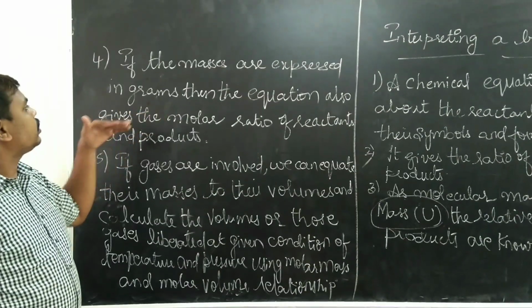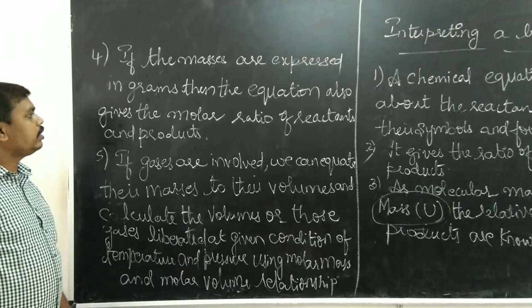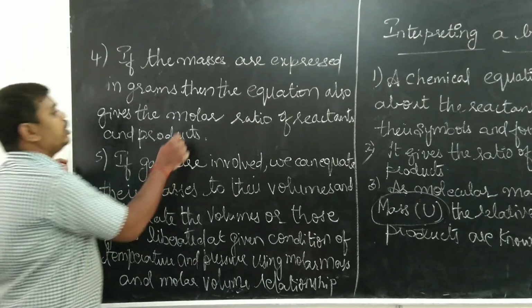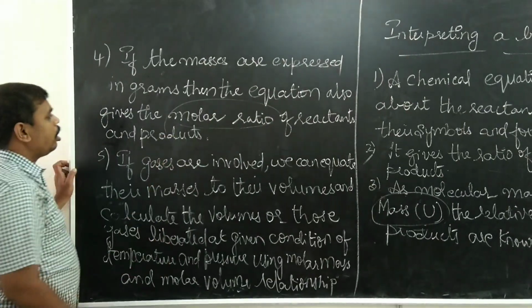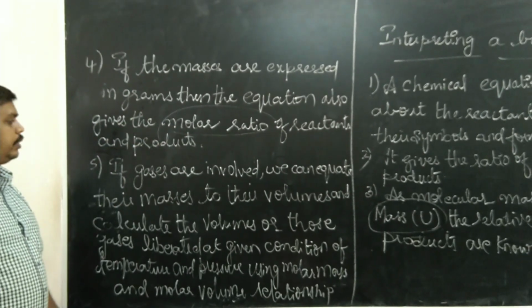So, if the masses are expressed in grams, what does the equation indicate? It indicates the molar ratio of both the reactants and the products.